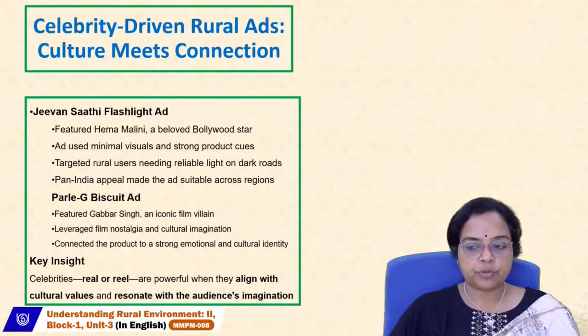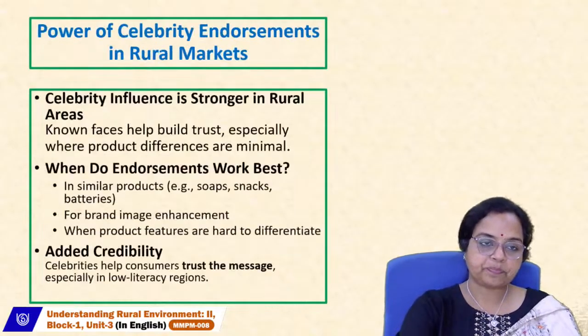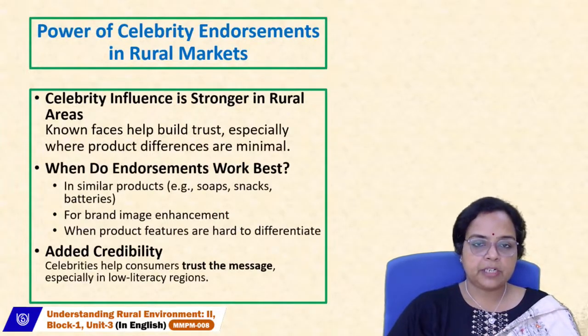Even if you are in a mood to do the best advertisement for your product, if you're not putting sufficient importance on the alignment between the cultural values of the consumer and the imagination of the consumer, then your advertisement may not succeed.